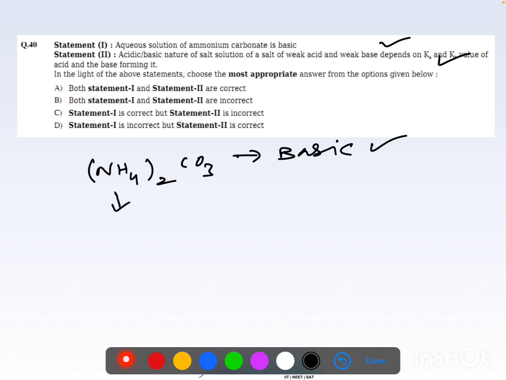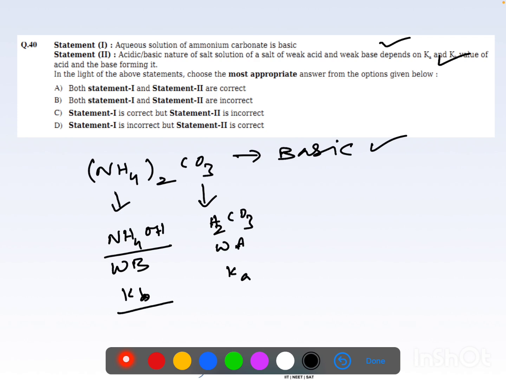Here this salt is made up of NH4OH, a weak base, and H2CO3, a weak acid. If you compare the Kb and Ka values, the Kb value for NH4OH is larger than the Ka value of H2CO3. So that is why this salt is basic. So both the statements are correct.